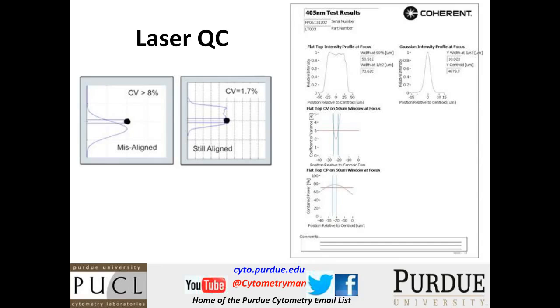Now, you might not care about that, but in fact, the quality of your data will change significantly depending on what you're running if you are misaligned a little bit. Now, I'm sure you could still be misaligned on any instrument, but the bottom line is that you have a better chance of getting better data if you have this broad beam.